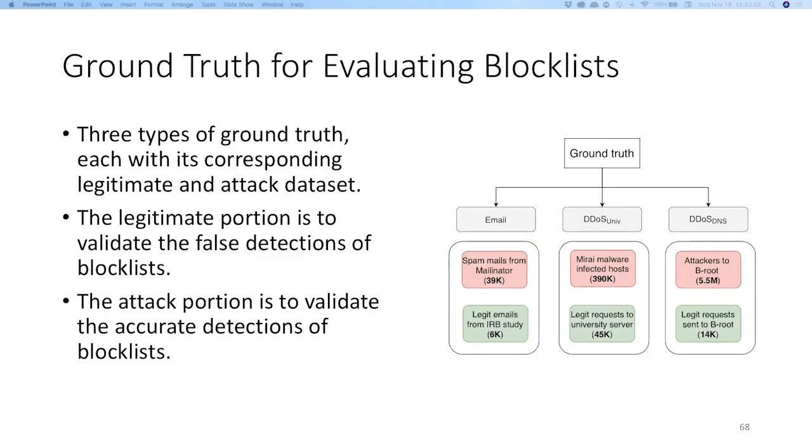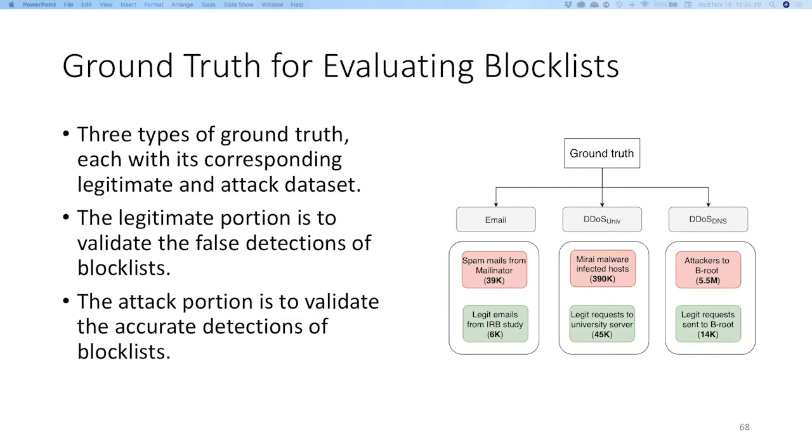In order to evaluate BLAG, we also need a source of ground truth. In the paper, we have 3 different types of ground truth for different types of attacks, but in this talk, I will only be talking about the email data set. However, you could look into the paper to understand the performance of the other 2 data sets.